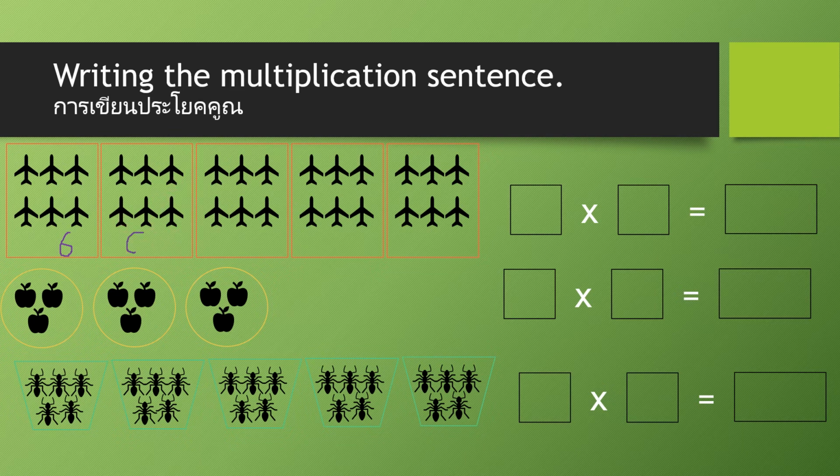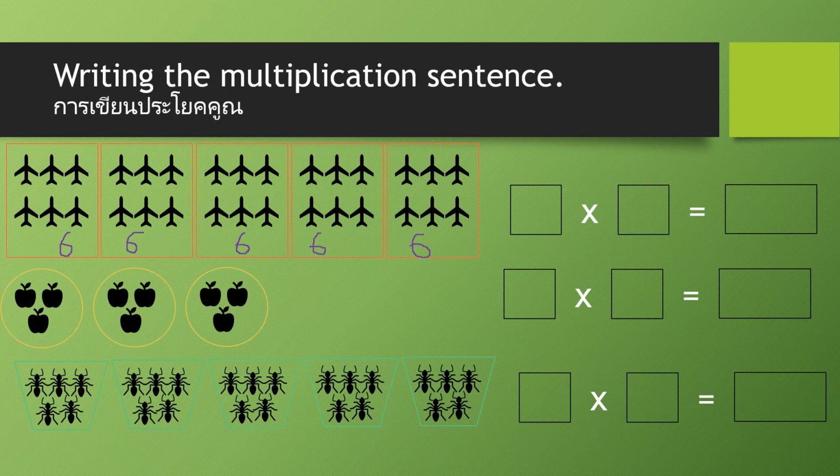This is also 6. How many airplanes do we have here? 1, 2, 3, 4, 5, 6. Same. This box also the same, 6. This one, 1, 2, 3, 4, 5, 6. So all these boxes have 6 planes.